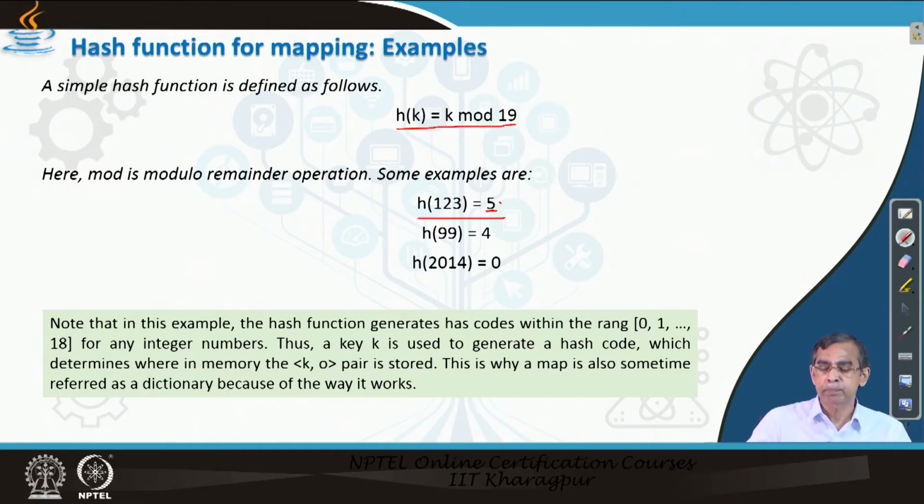So h(k) equals 5 in this case. For another example, h(99) gives 4. These are the addresses of memory where the object whose key value is k is stored. It is an object whose key value is 123, another object whose key value is 99, and another object whose key value is 2014.